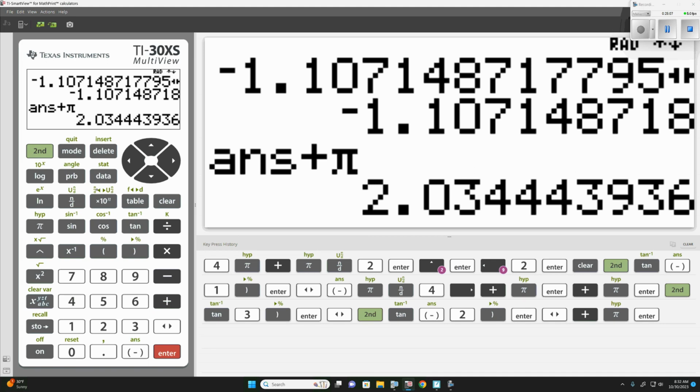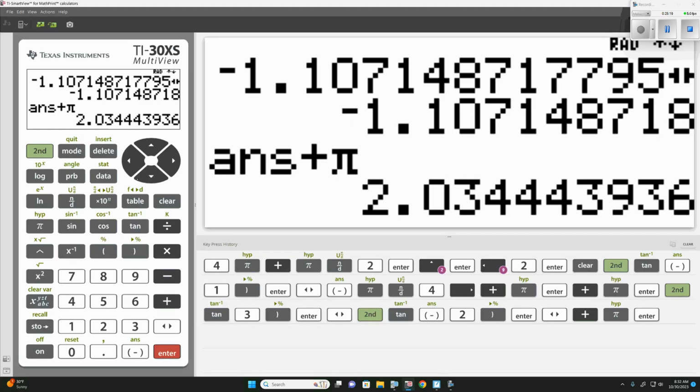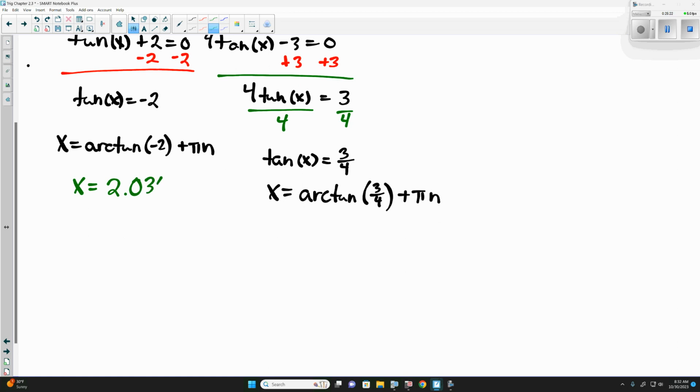So that's not between 0 and 2 pi. We had to add pi to it, which gave us 2.3044 as one of our radian values.